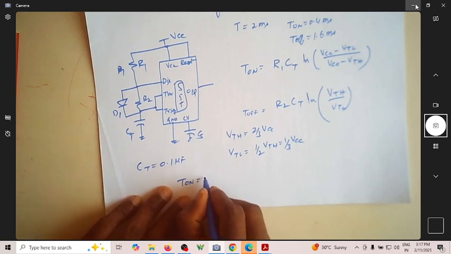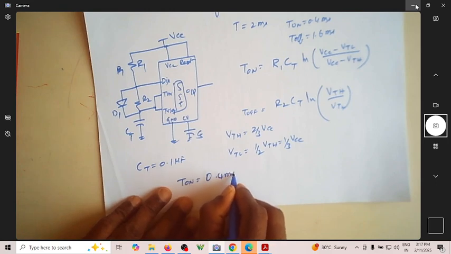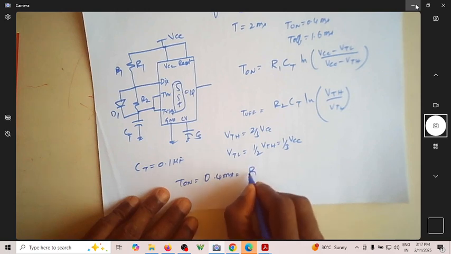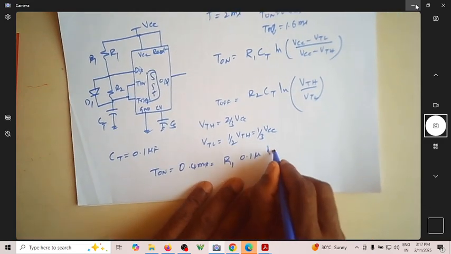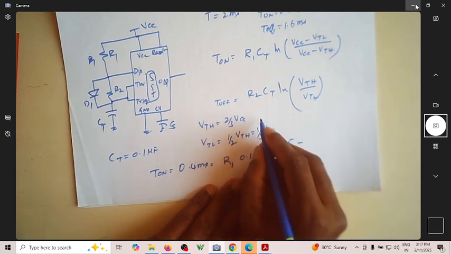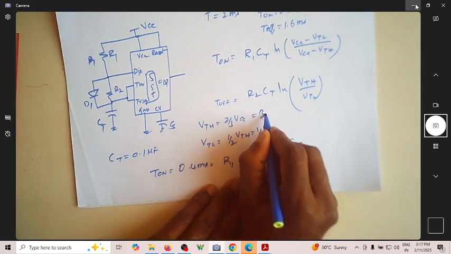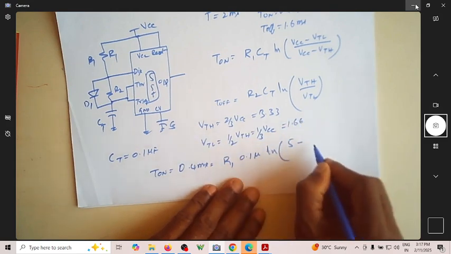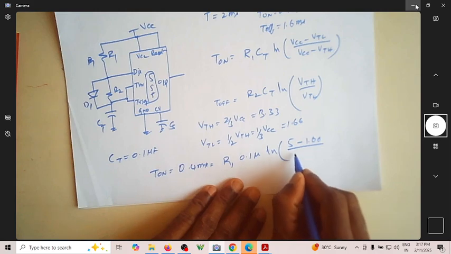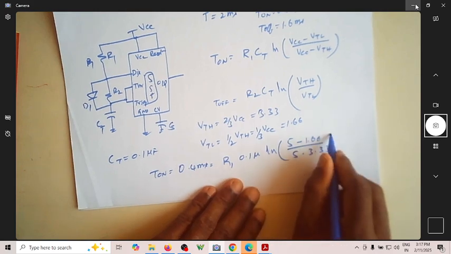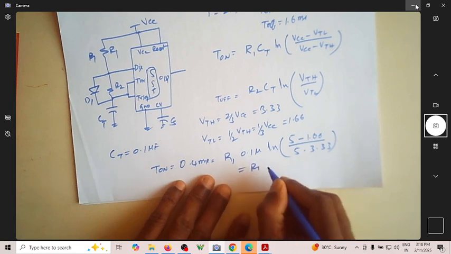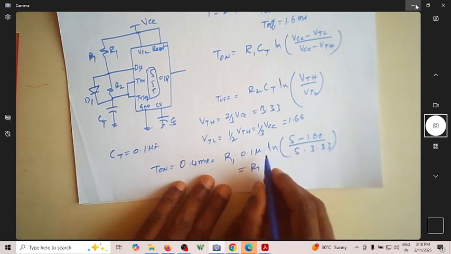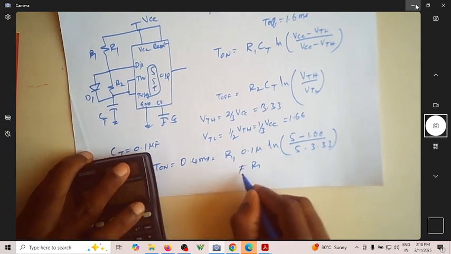So 0.4 millisecond is equal to R1 times 0.1 microfarad times ln of (5 minus 1.66) by (5 minus 3.33), since VTH is 3.33 and VTL is 1.66. Of course ln of that happens to be 0.69, which will be R1. Let me just find the value of R1 here.